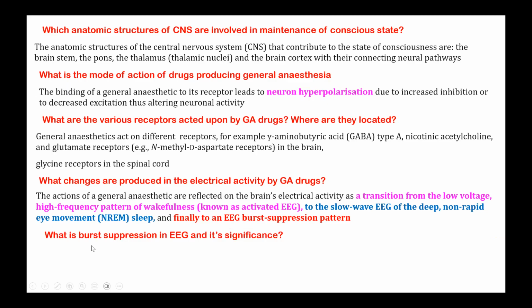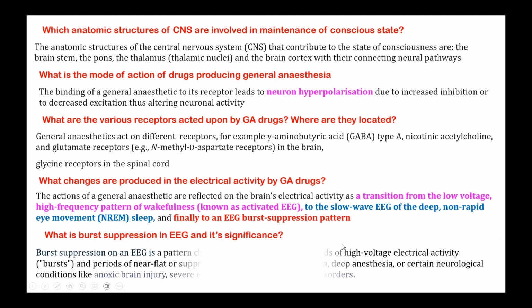Now, you should have a clear understanding of what this burst suppression EEG is and its significance. Okay? So burst suppression is nothing but when you see the EEG pattern, there will be alternating periods of high voltage electrical activity followed by periods of near flat suppression. So you may have a pattern like this, very fast ones and then followed by totally flat lines.